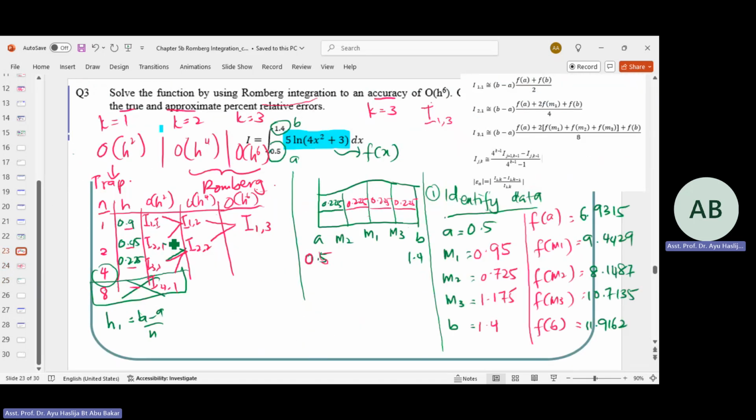This one, this table. I11, I21, so that you know which one is more or less accurate. Okay. Just now, to find I12, we need I21 and I11. I21 is more accurate. I11 is less accurate. Okay, so these two values to find I12.